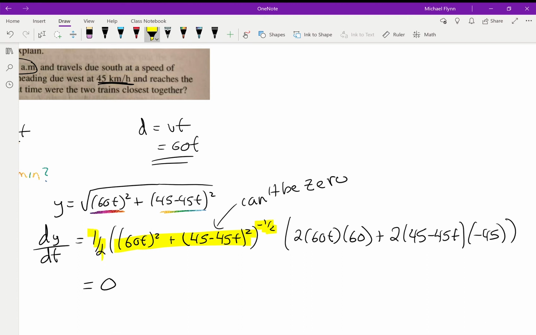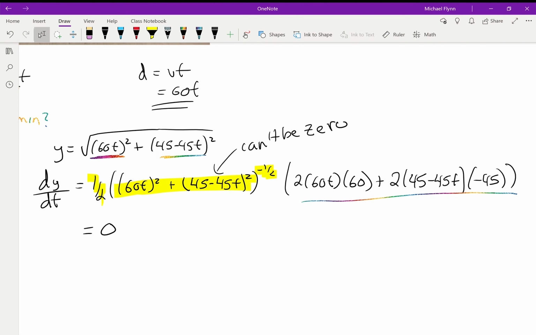And therefore, we just have to find out when this is 0, okay? So that is your sort of genius algebra skills coming into effect that would allow you to reason that out. And what you do is therefore go, 60 times 60 is 3600 times 2. So 7200t, okay? That's the first thing, plus 2 times 45 times negative 45.